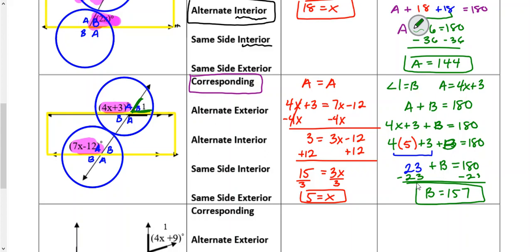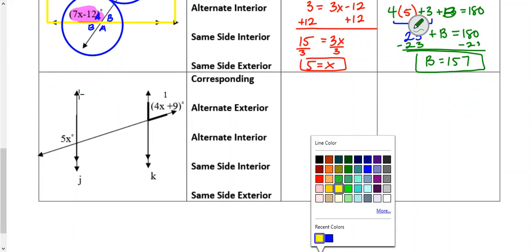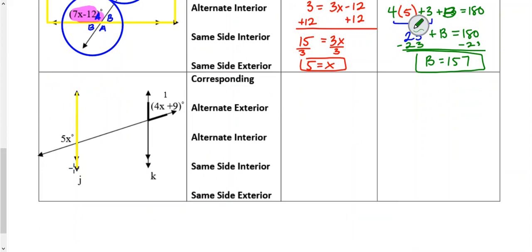Okay, and finally, we have the third one. So here I'm going to make my box again. My 2 parallel lines. And you can make the circles.